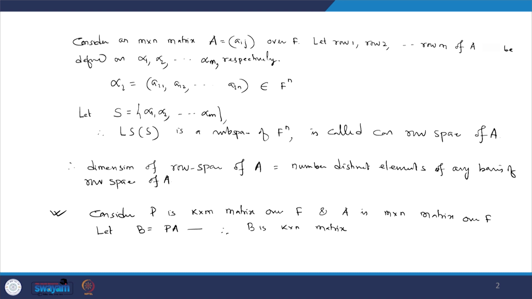So, P into A will be a k cross n matrix over capital F. I mean, entries of capital B are from capital F.